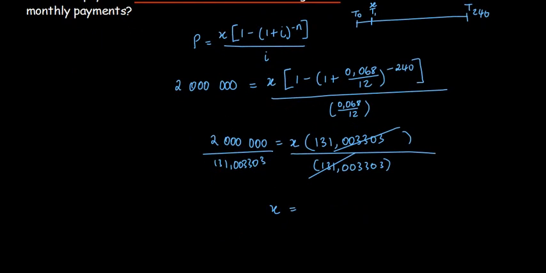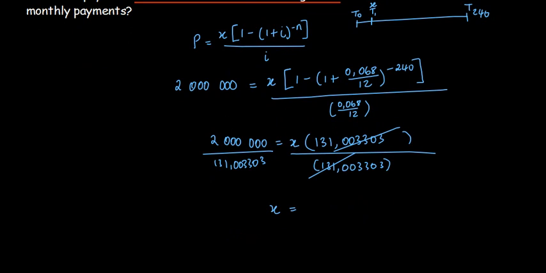So what would be X then? So you'd say 2 million divided by that value there. Right. Okay, yes, Miss Bussy.